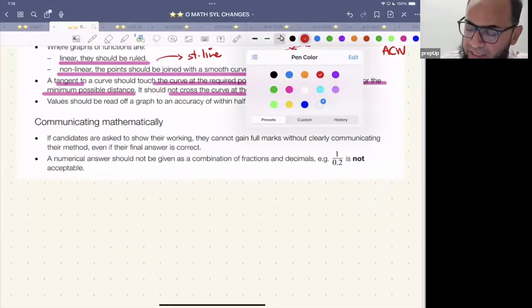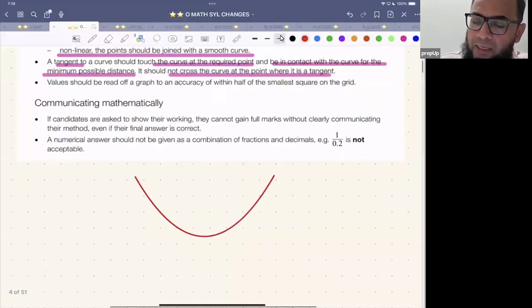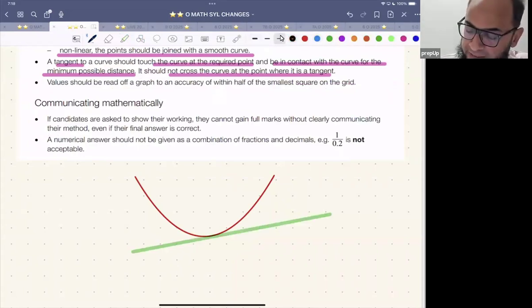For example, if the curve is like this, and let's say the tangent is like this, that means at this point it's a tangent. So it's the minimum possible distance that it's a tangent for, and the gradient of the tangent to the curve at any point is the gradient of the curve. That is when we will be estimating the gradient.